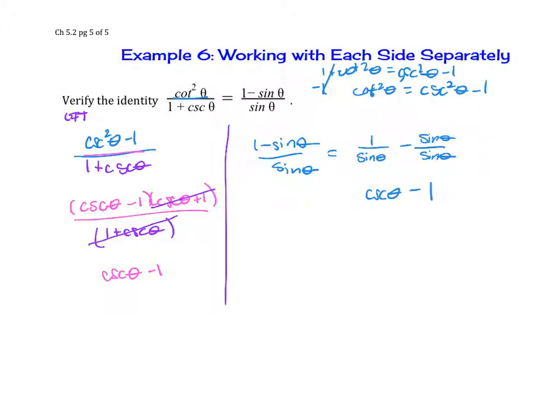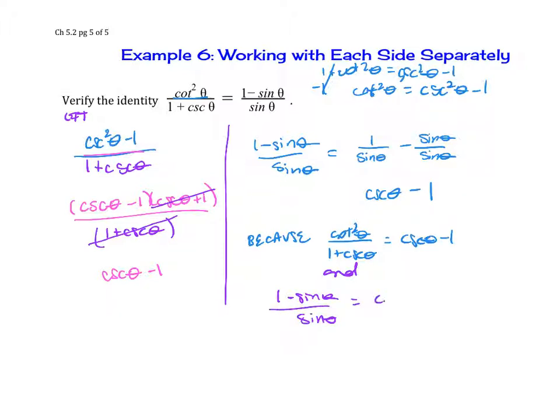So if you work on each side and you get to this halfway point, the next thing that you must do is write this: because cotangent squared of theta over 1 plus cosecant of theta equals cosecant of theta minus 1, and 1 minus sine of theta over sine of theta equals cosecant of theta minus 1, then cotangent squared of theta over 1 plus cosecant of theta equals 1 minus sine of theta over sine of theta.